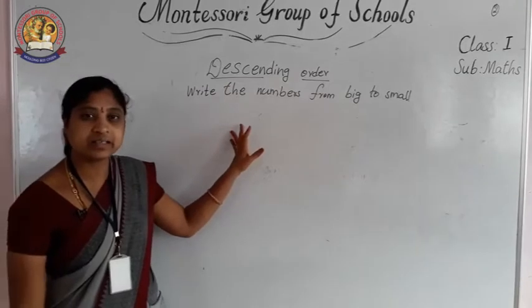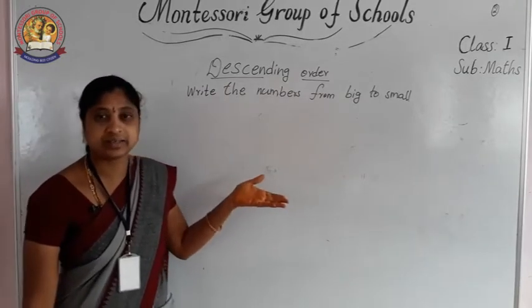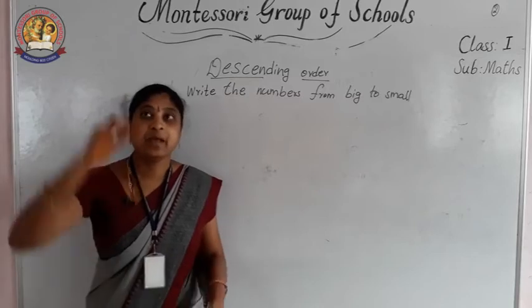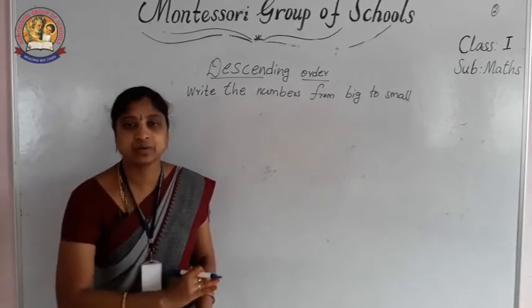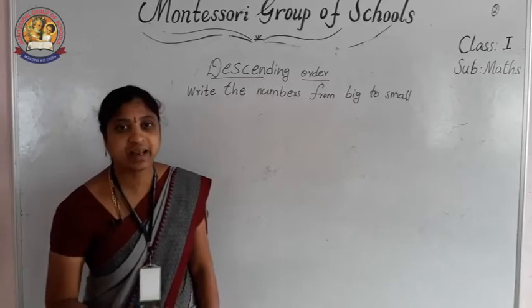This order is descending order. Descending order means write the numbers from big to small.